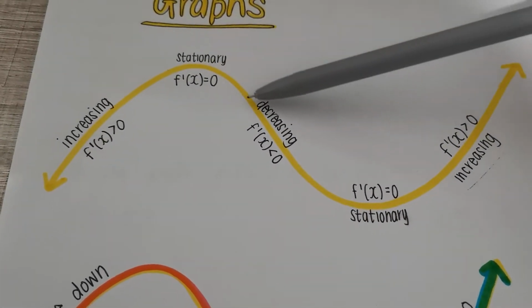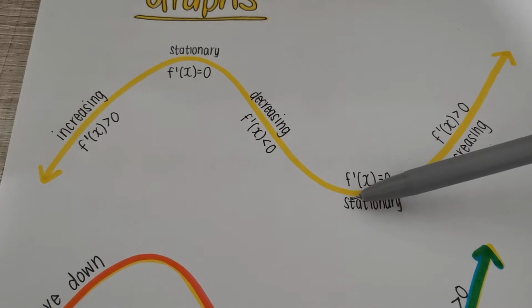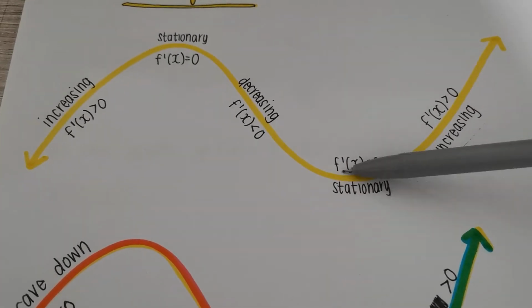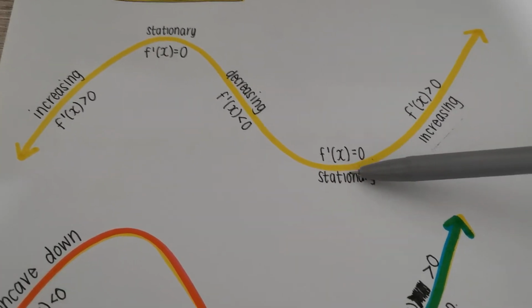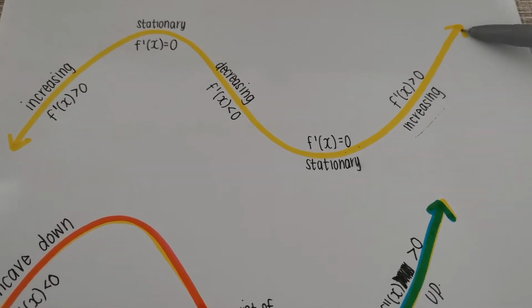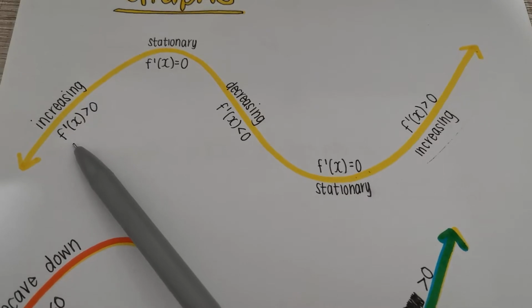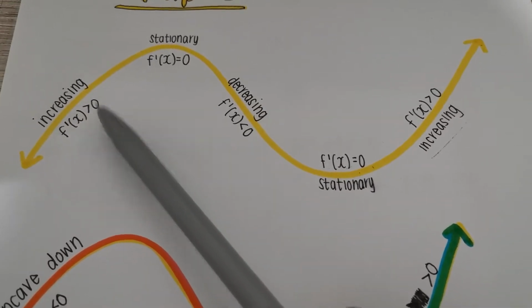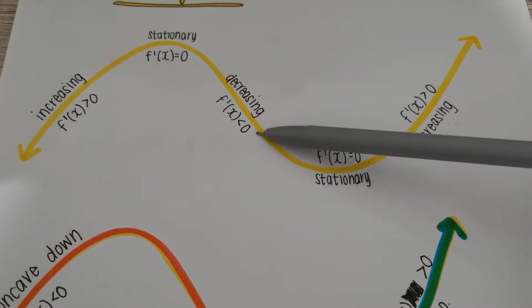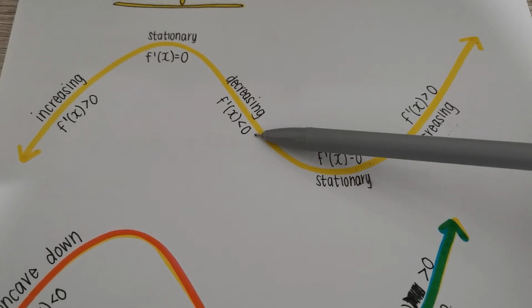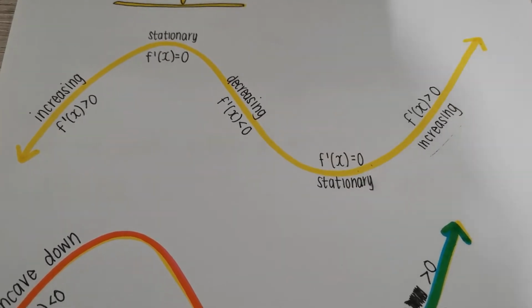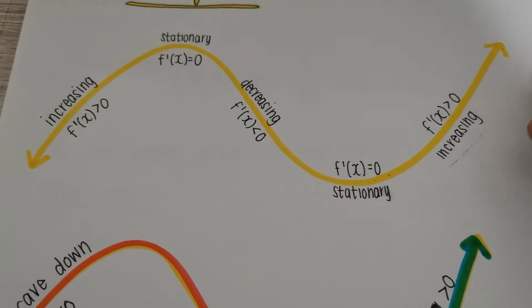Anyway, we're continuing down, it's decreasing. We come to another stationary point where my derivative is equal to 0, and then here we are increasing again. At the points where we're increasing, my first derivative is greater than 0. At the points where we're decreasing, my first derivative is less than 0. Okay, and that makes sense.